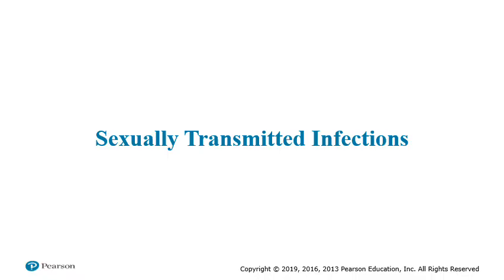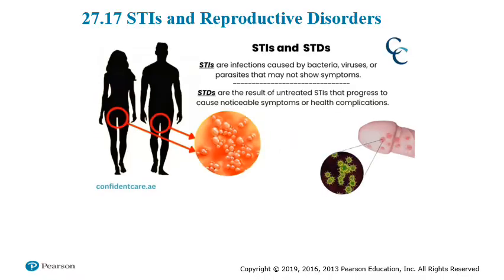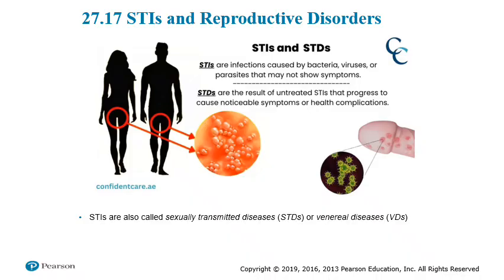Now let's take a look at some homeostatic imbalances. Let's start with sexually transmitted infections. These are the STIs and STDs. STIs are infections caused by bacteria, viruses, or parasites that may not show symptoms. STI is short for sexually transmitted infection. STDs, sexually transmitted diseases, are the result of untreated STIs that progress to cause noticeable symptoms or health complications.